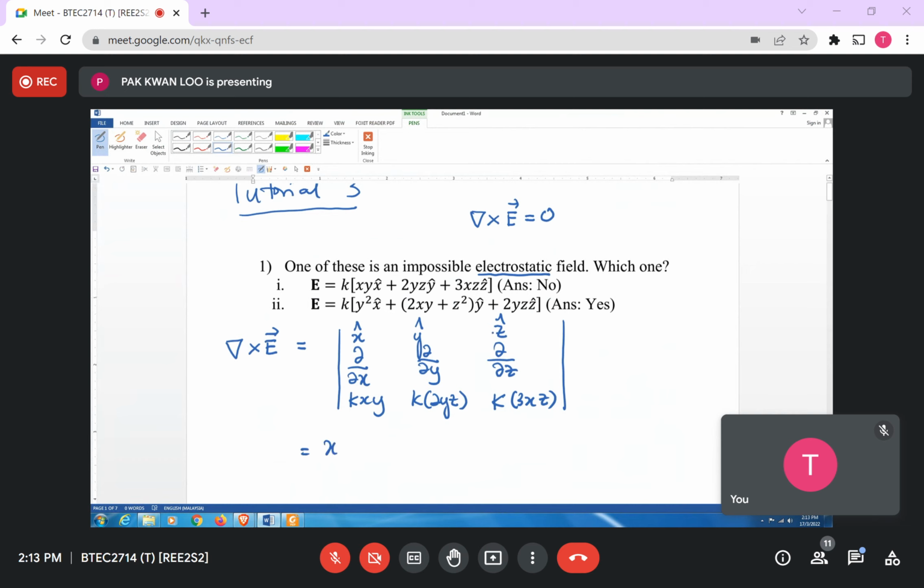I suppose that you should know how to find the curl using a determinant.